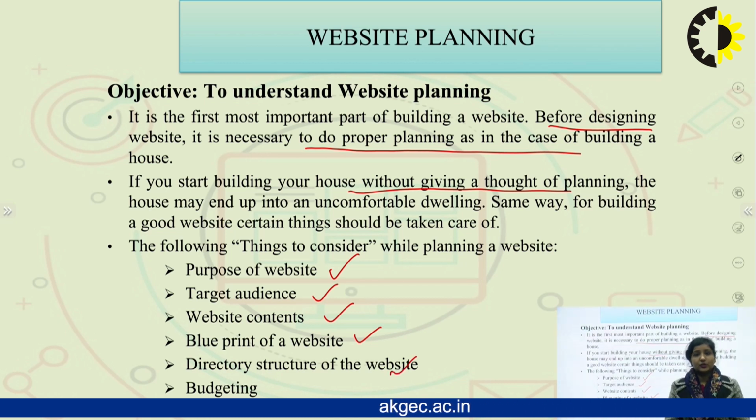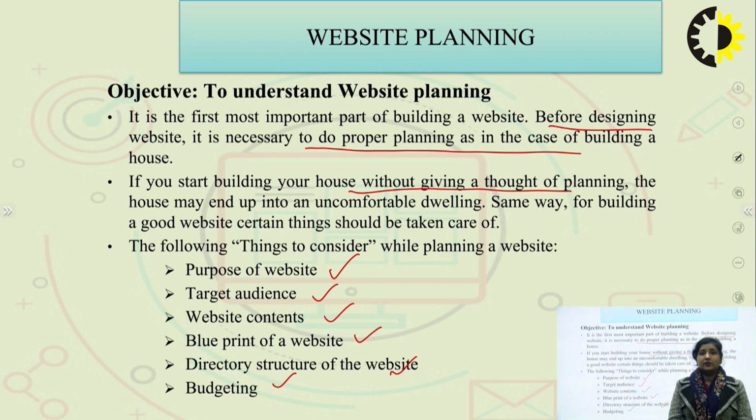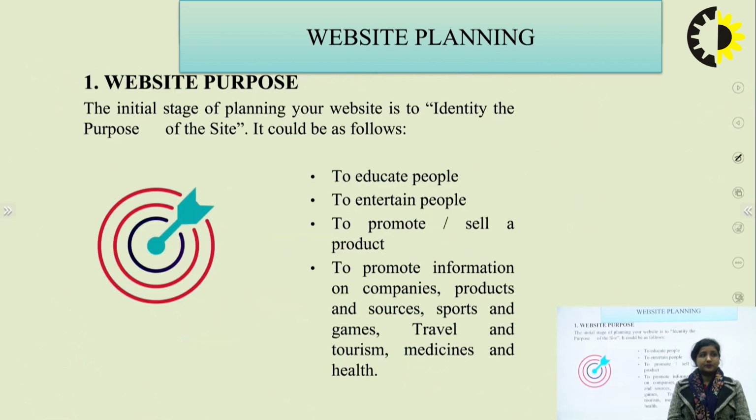It should also mention how the website will look, how the pages will scroll over one another. And finally, it is the budgeting. That means to develop the website, we should not cross the budget. We should identify the budget of creating that website, and within that budget only we have to create that particular website.